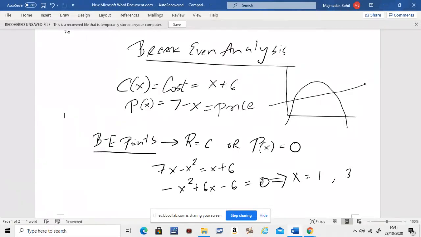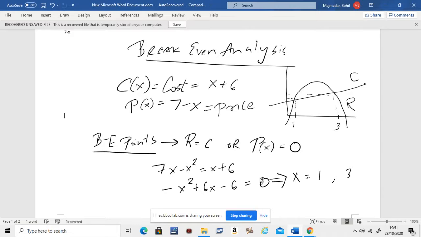I must have done this before. So the break-even points are the points where revenue equals cost. These are the break-even points. This is your cost and this is your revenue.